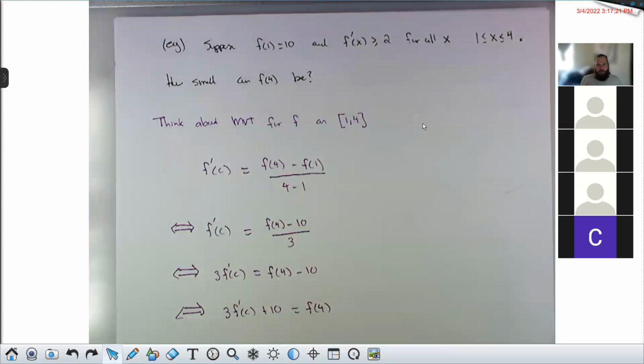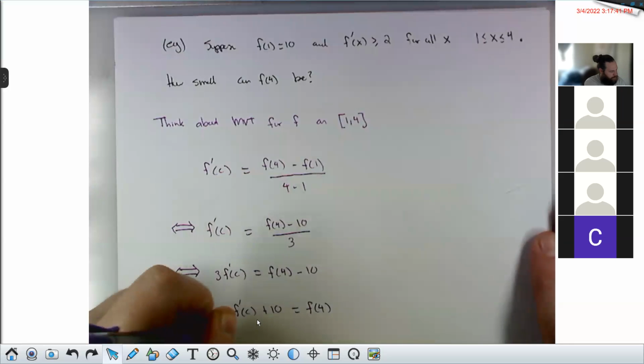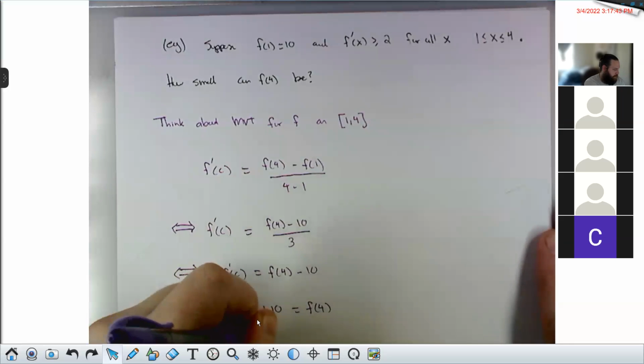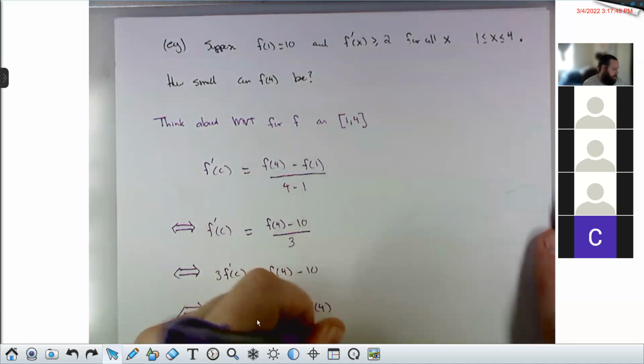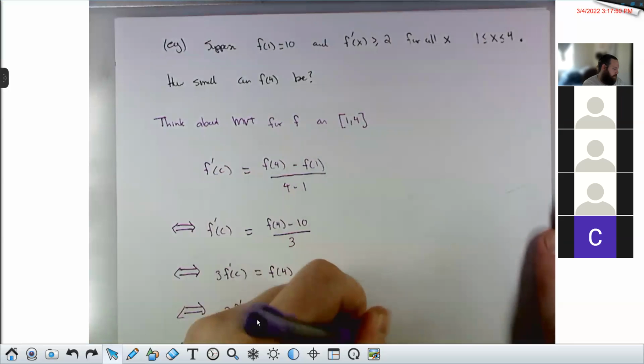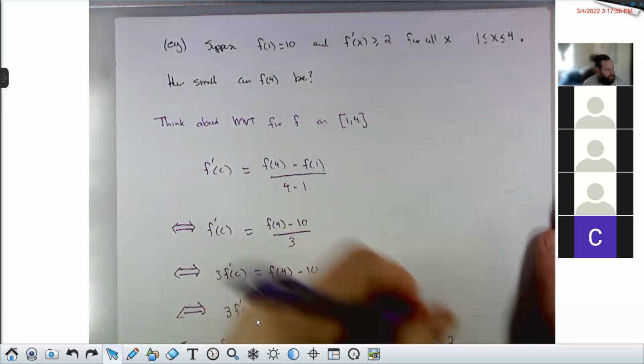They asked me, what's the smallest possible value for f of 4? And I know that this number, whatever it is, has to be greater than or equal to 2, since f prime is greater than or equal to 2 on 1, 4. We know f prime of c in particular is greater than or equal to 2.